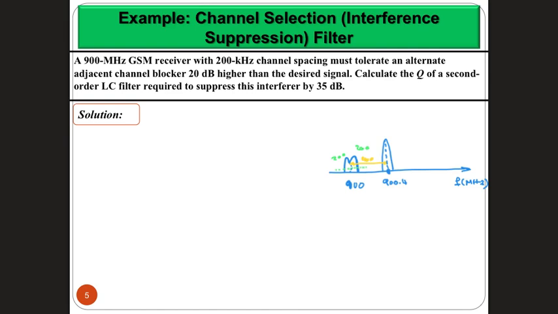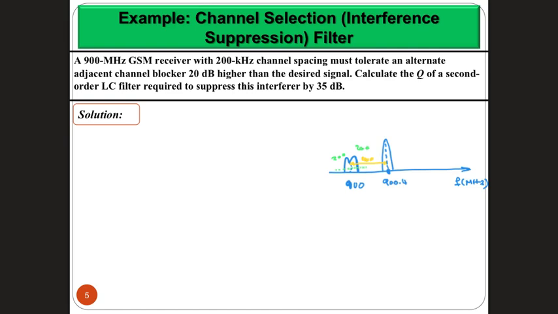And then the channel spacing must tolerate an alternate adjacent channel blocker of 20 dB higher than the desired signal.